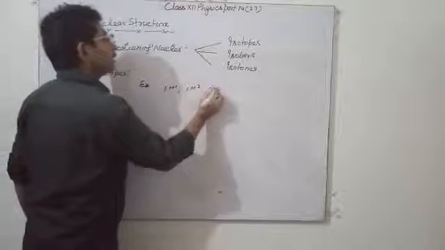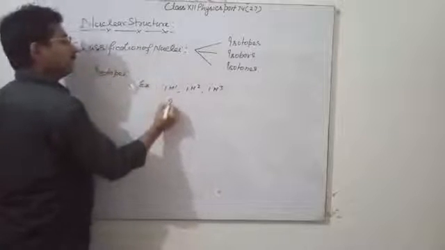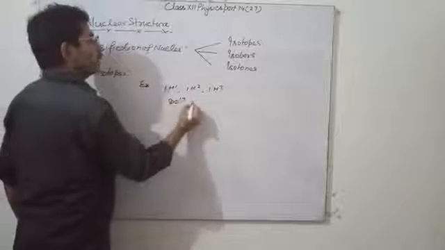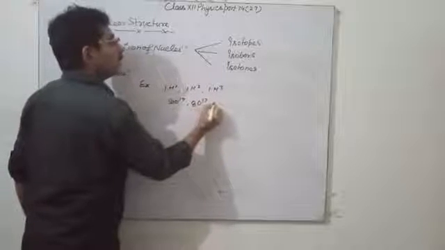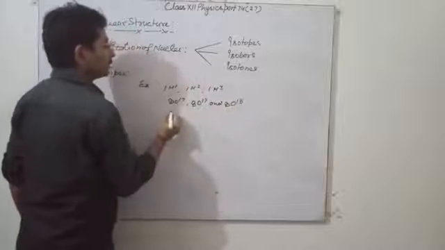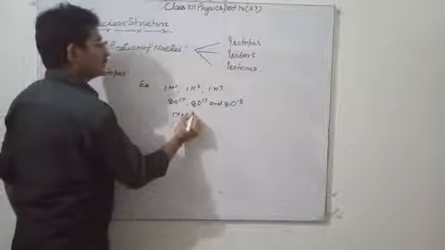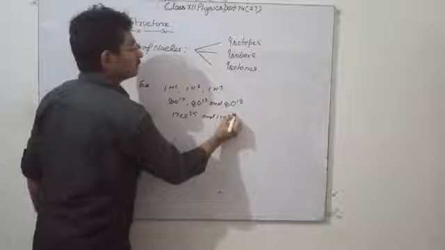As examples, 1H1, 1H2, 1H3; 8O16, 8O17 and 8O18; 17Cl35 and 17Cl37.